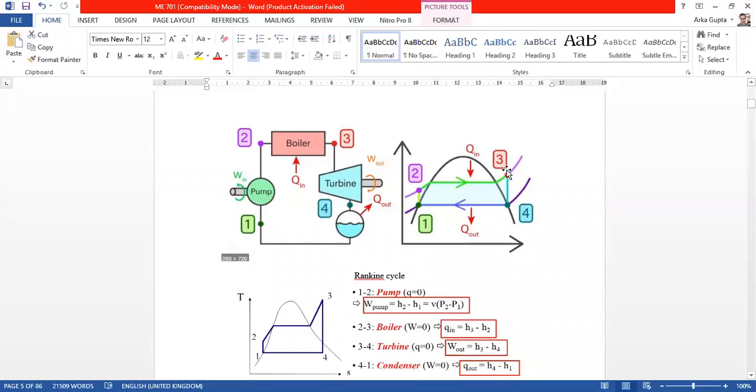Then 3 to 4 is the turbine, reversible adiabatic expansion in the turbine. And 4 to 1 is the condenser, constant pressure transfer of heat. Heat input is done in the boiler and heat output is done in the condenser. Work output is obtained through the turbine and work has to be given to the pump.